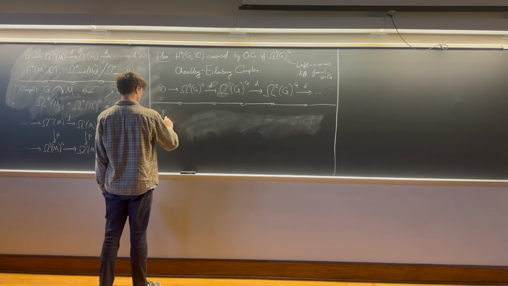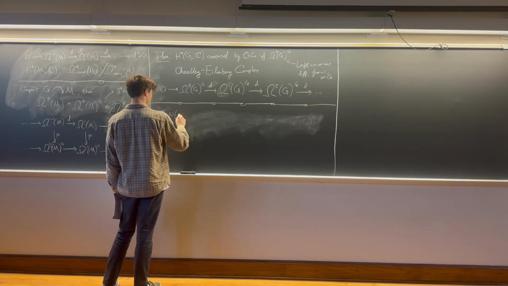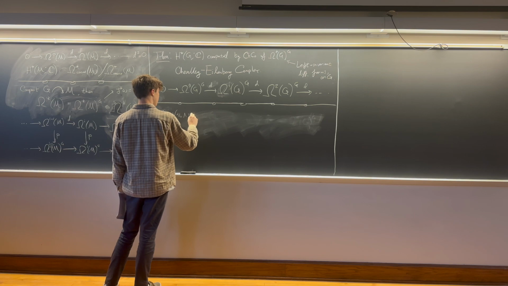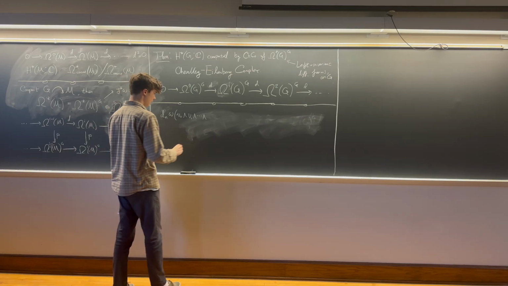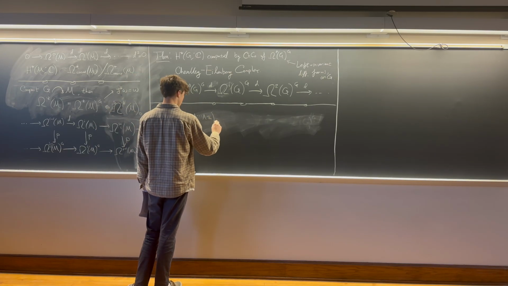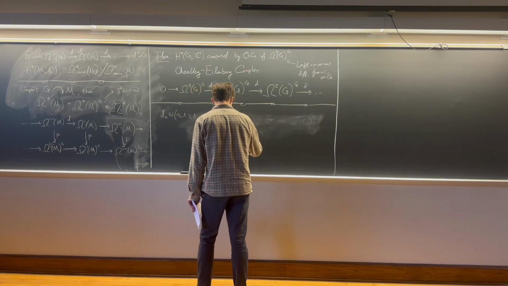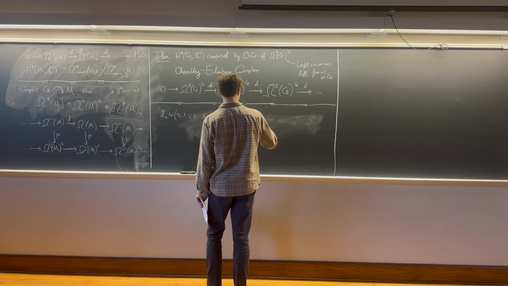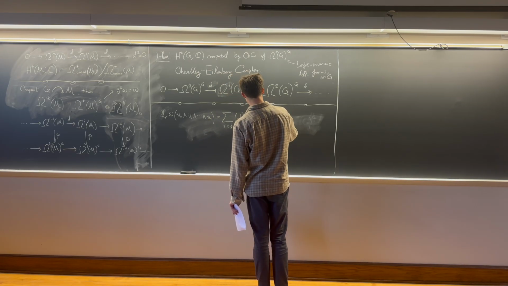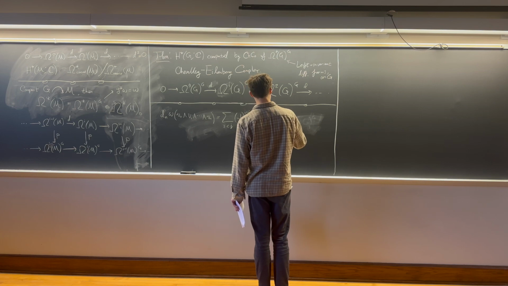maybe I'll say d_n, just to denote it, it's not in my notes. d_n of omega, of vector fields v_0, v_1, and so on, is just the alternating sum over strictly i less than j of (-1)^(i+j) omega of the commutator of v_i, v_j, and then we omit both of those fields.